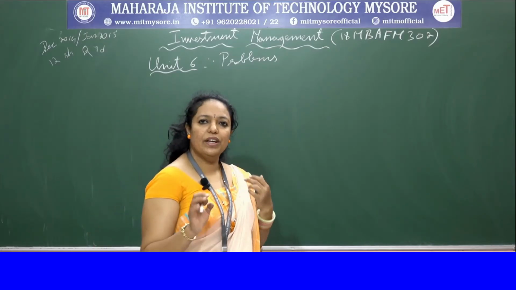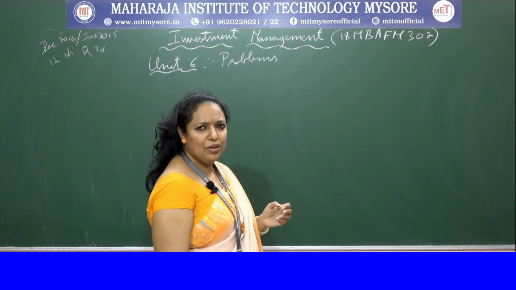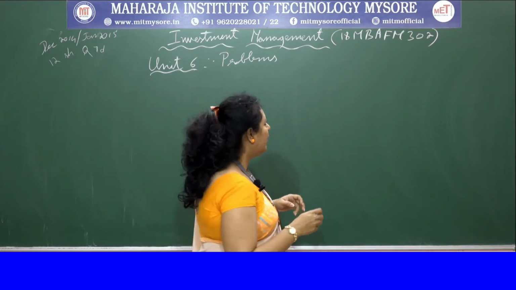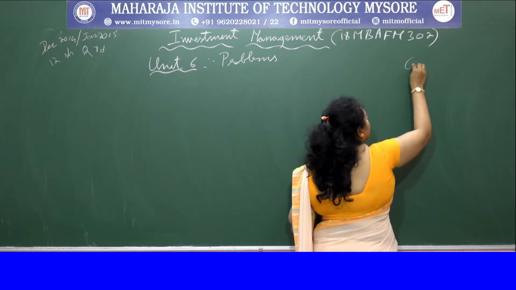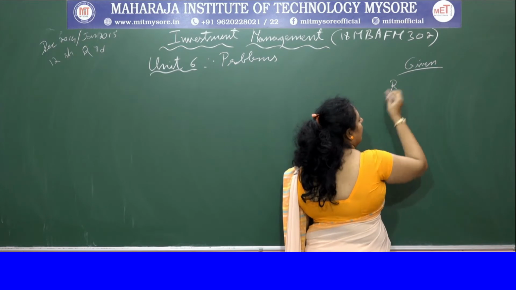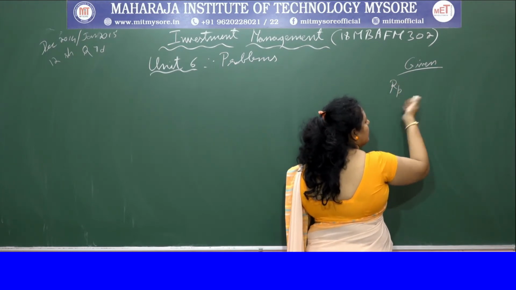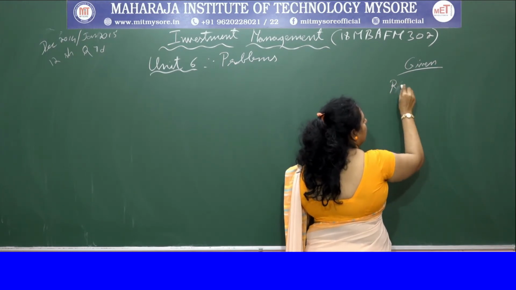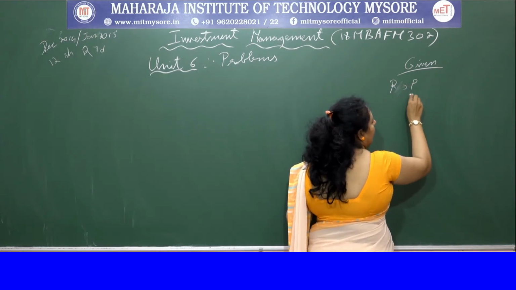For this, first we'll write the given, because this is a bit different. I'll write the given here. What we need is RP, here RP means Pearl and Diamond.